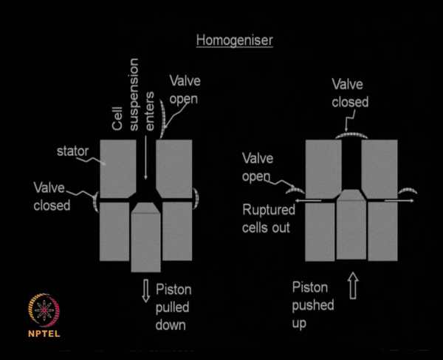So here when the piston moves down the cell suspension comes in and then the piston pushes up, so the slurry is pushed through a small nozzle and during that process the cells break, so the ruptured cells move out through these nozzles. So this is called a homogenizer.